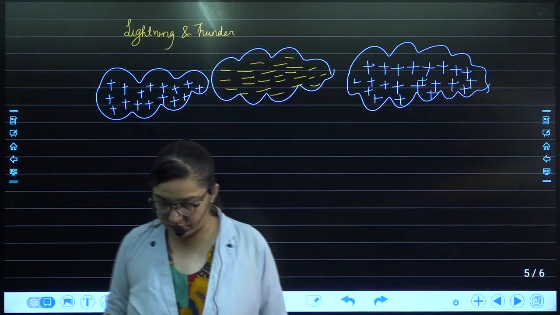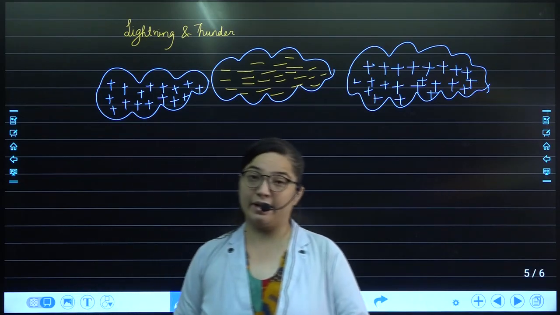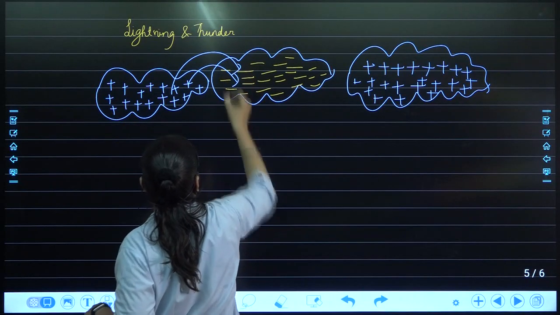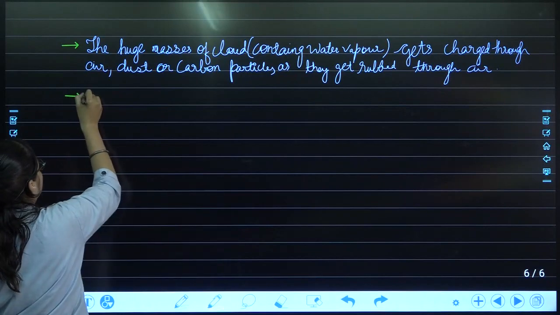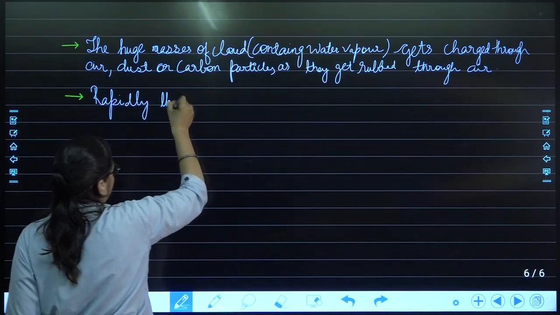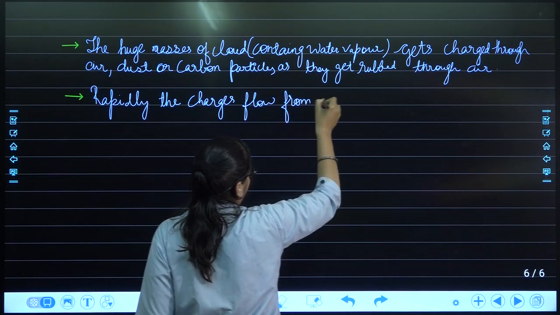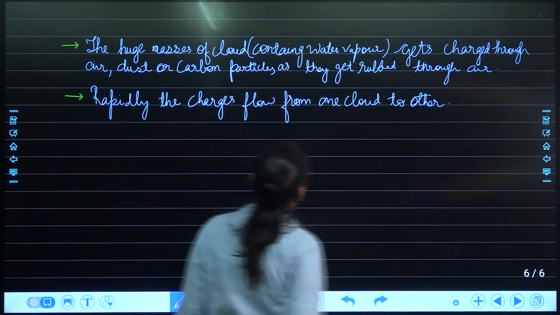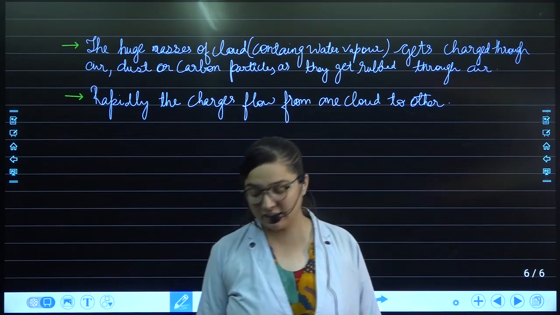Now when they get charged, what happens? Rapidly, this electric charge flows from one cloud to the other through the air. So very quickly what will happen? The charge will flow from one cloud to the other. So rapidly the charge will flow from one cloud to another cloud. And this is how lightning occurs.